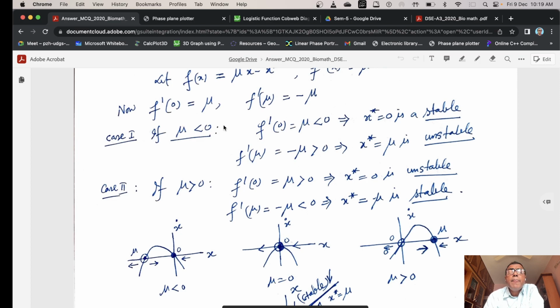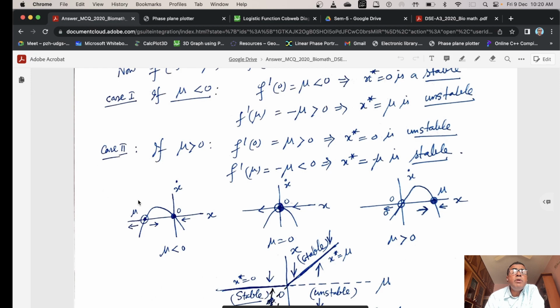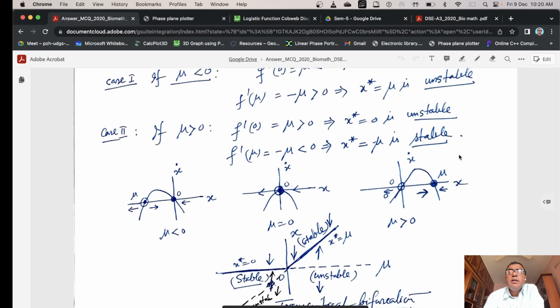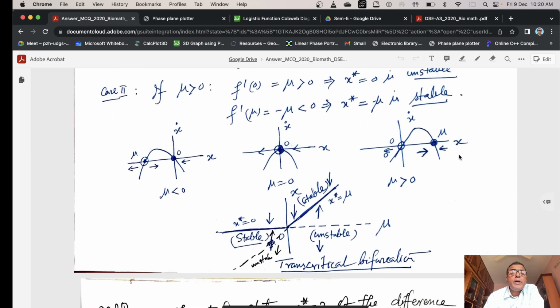When mu is negative, f dash of 0 is negative, so x star equal to 0 is a stable equilibrium point, and f dash of mu is positive, so x star equal to mu is an unstable equilibrium point. Case 2, when mu is positive, x star equal to 0 is an unstable equilibrium point, and f dash of mu is negative, so x star equal to mu is a locally asymptotically stable equilibrium point.